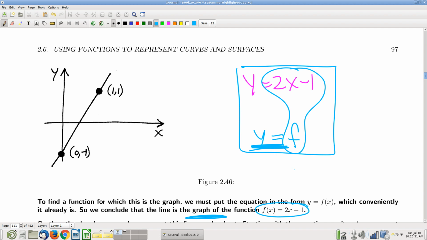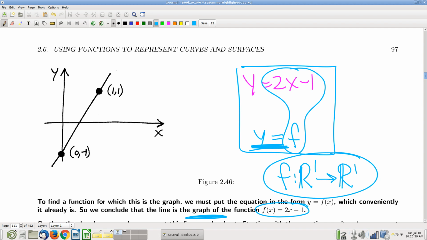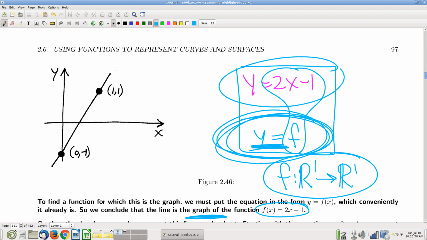So we have here f from R1 to R1. There's one input variable, one output variable. This function, f of x equals 2x minus 1, its graph is this line. Is everybody happy? Everybody on board? Now I want to emphasize one thing here. I know that the algebra that happened here is really trivial. Again, that's not the point of this discussion. The point is not whether you can accomplish the trivial algebra.